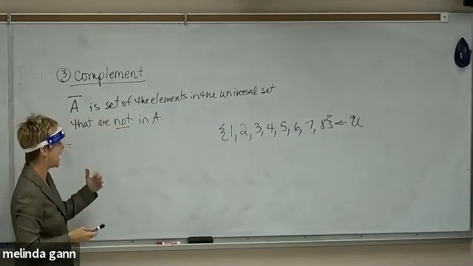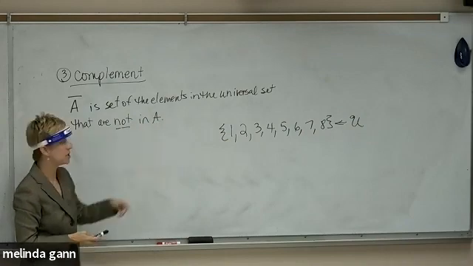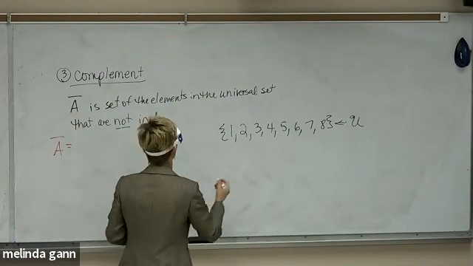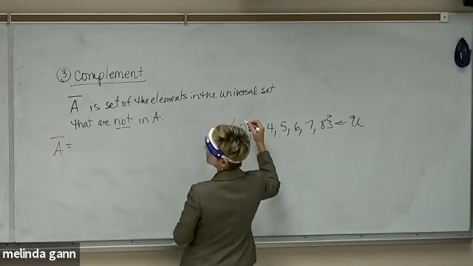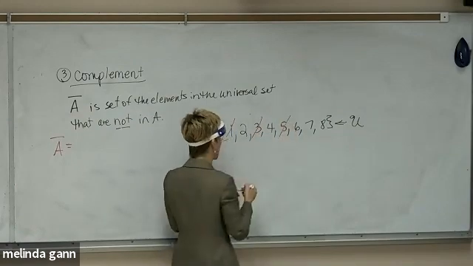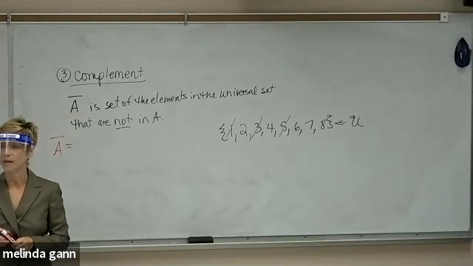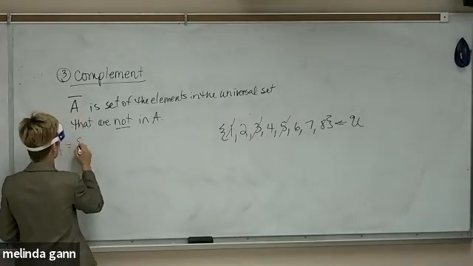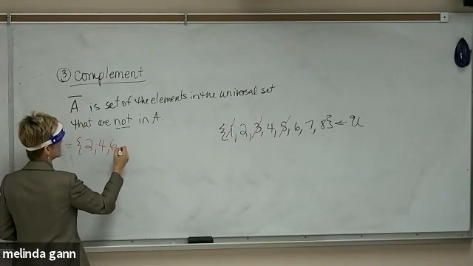I've got to take out everything that's in A. So look over there and tell me what's in my set A. 1 what? And what else? Now, are the numbers I crossed out in my answer? No, it's what's left. So what's the complement of A going to be over there? 2 what? 4, 6.